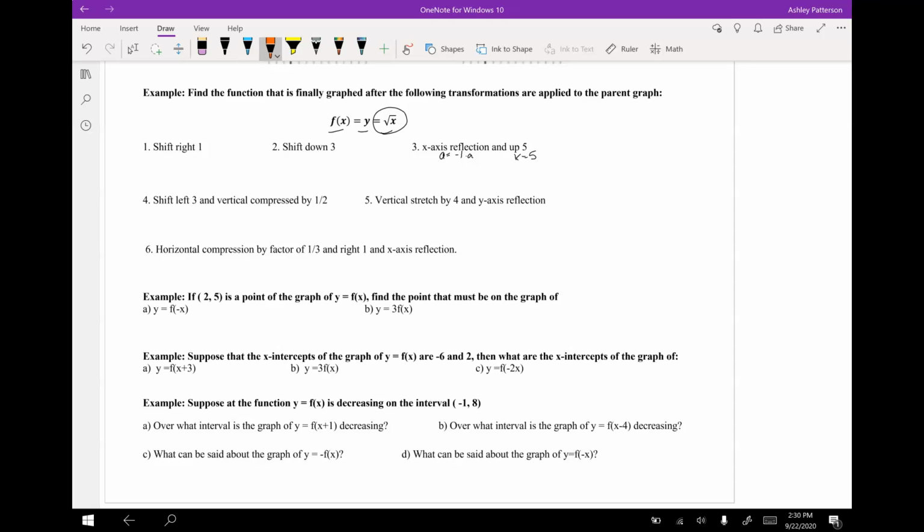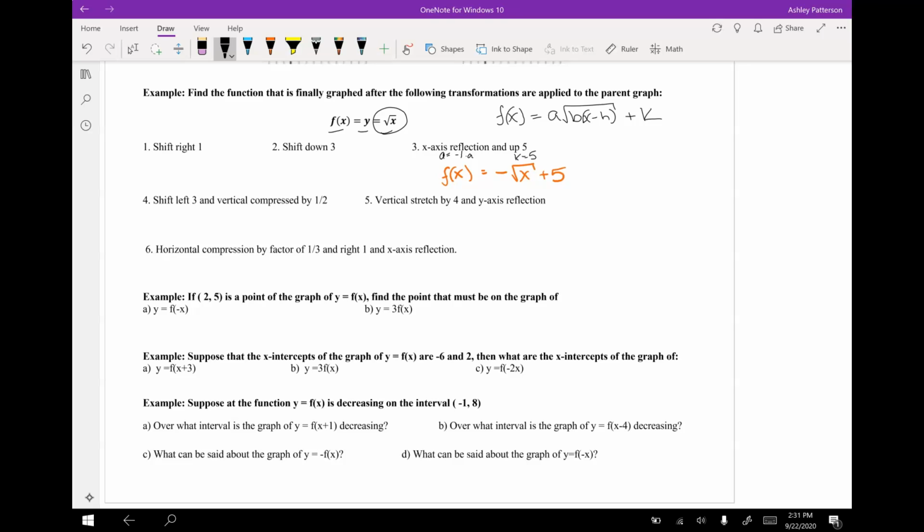So for this particular one, I'm going to write that f of x is equal to a negative square root of x plus 5. Because remember, in generic form, f of x is going to be equal to a times the square root of b times the quantity x minus h, plus k on the outside. Okay, I'm going to pause the video.